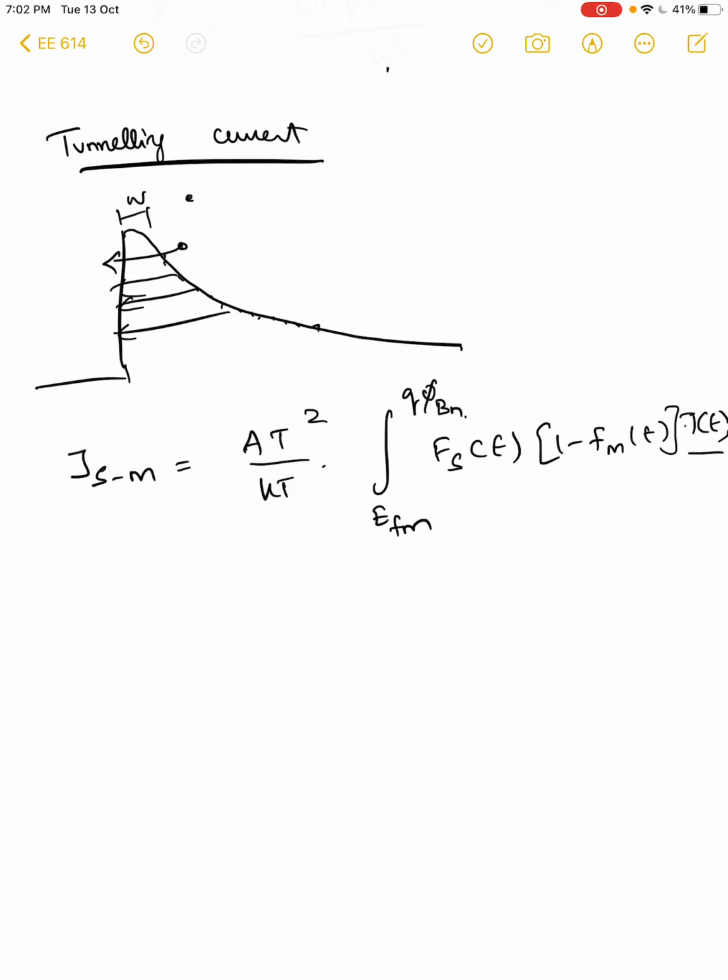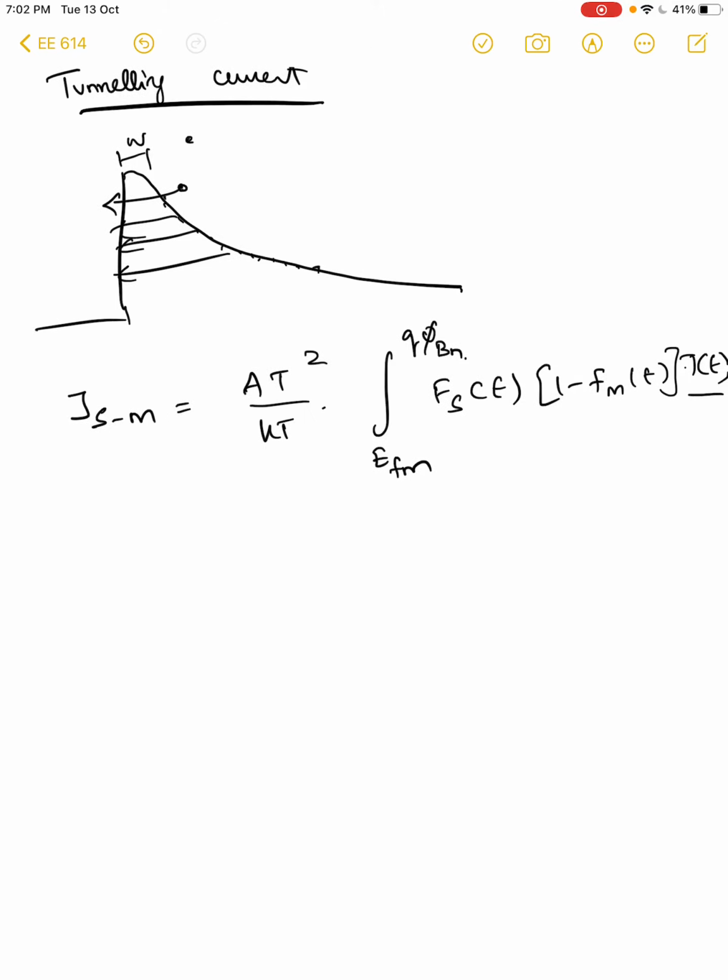Tunneling current is the dominant behavior at low temperatures and high doping densities. Why? At very high doping densities, you know that you have a very steep profile because you have a very high built-in potential, right?